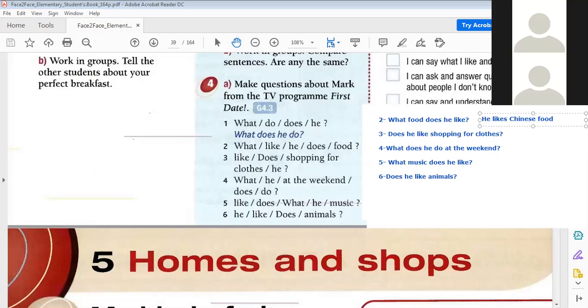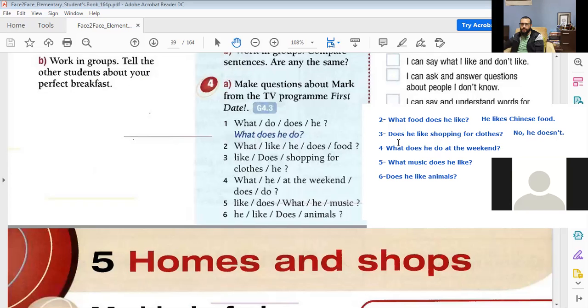Okay, what about question number 3, Manal? What do you think? Does he like shopping for clothes? No, he doesn't. I don't remember, to be honest, but I don't think he does, because most men don't. All right, number 4, what does he do at the weekend on the media? Can you remember? If you can't remember, you can just say anything that people do at the weekend.